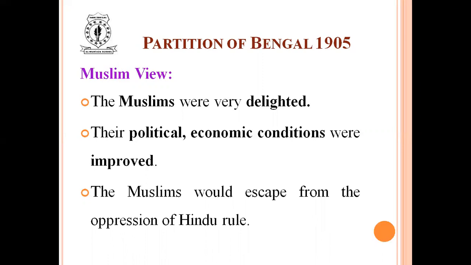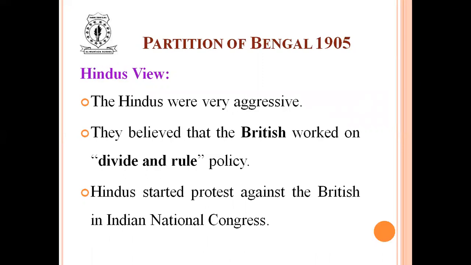They also thought that they would now escape from the oppression of Hindu rule. Hindus' view was totally different, because Hindus were very aggressive and did not like this decision of the British. They believed that the British worked on a divide and rule policy here. Hindus started a protest against the British in the Indian National Congress.